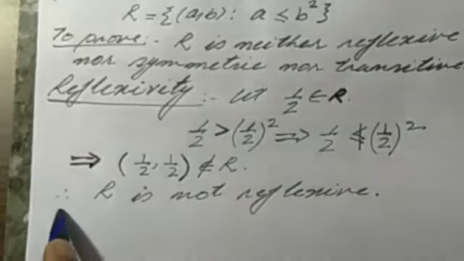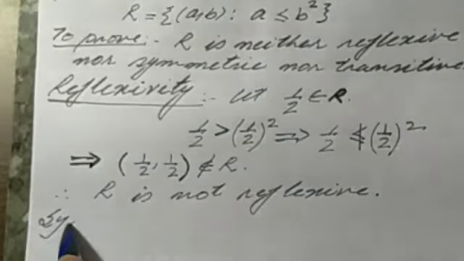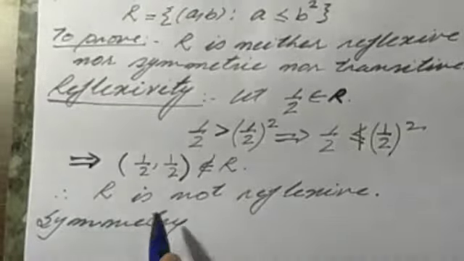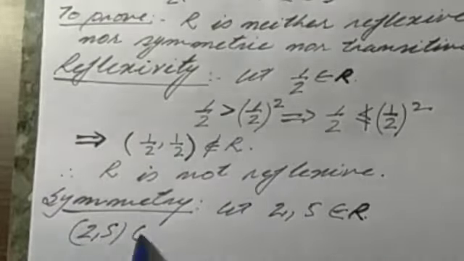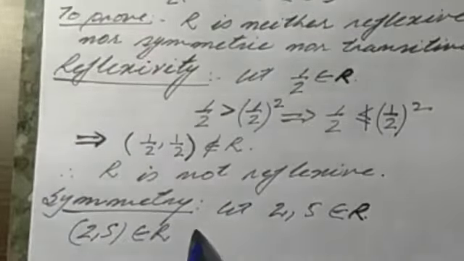Now we have to discuss symmetry. Suppose two elements, 2 and 5, both real numbers. Obviously (2, 5) belongs to R, since 2 is less than 5 squared.